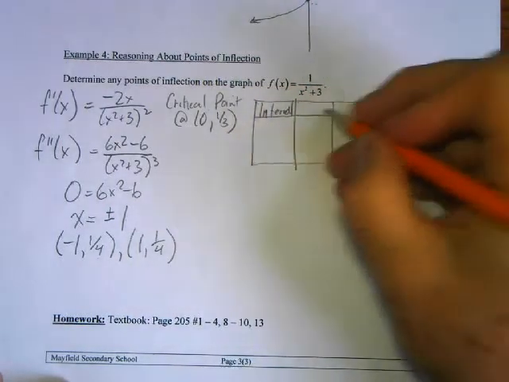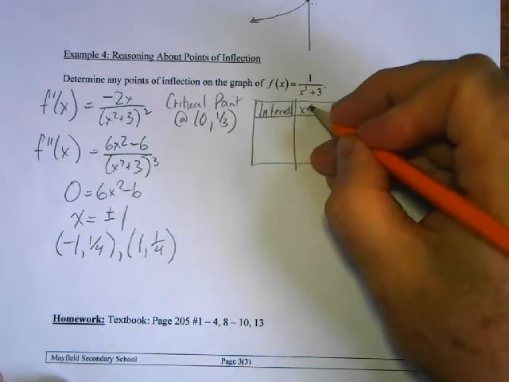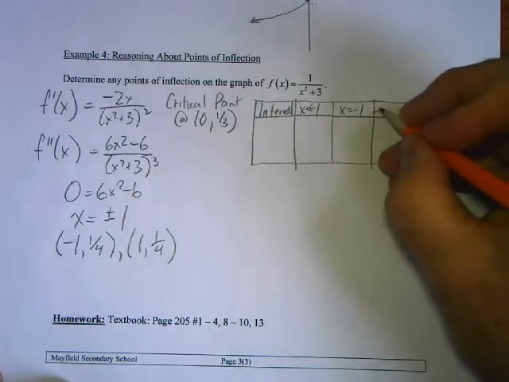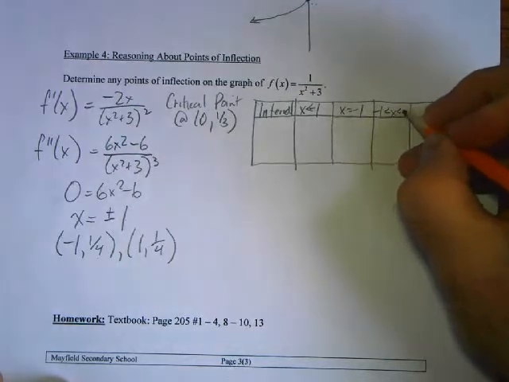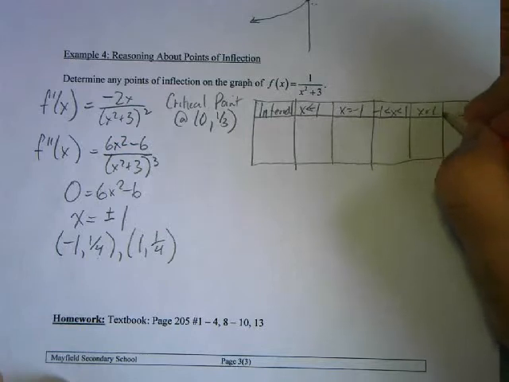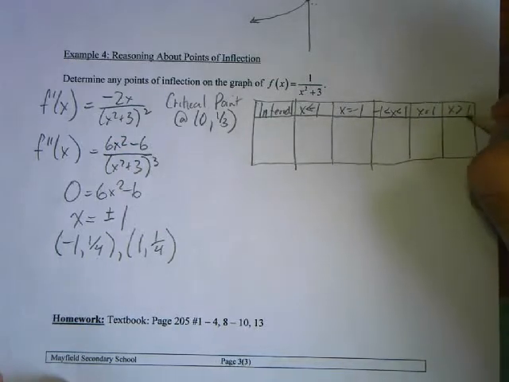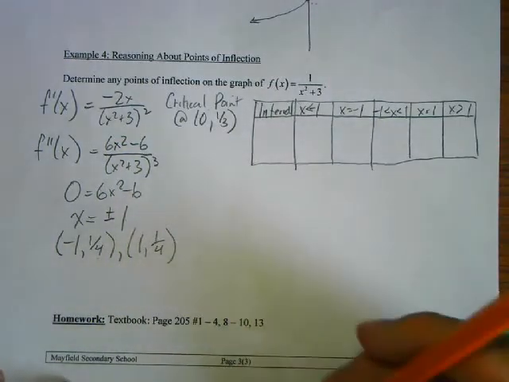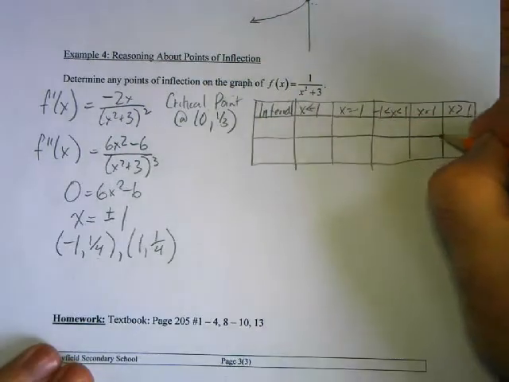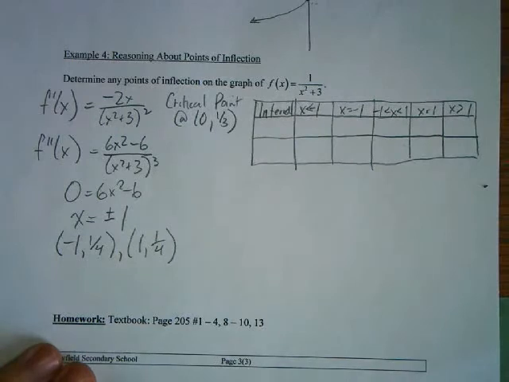So it's x is less than negative 1, x is equal to negative 1, x is between negative 1 and 1, x equals 1, and x is greater than 1. So you can see as soon as you have that second point of inflection, your table gets bigger by 2 more columns for each new possible value.